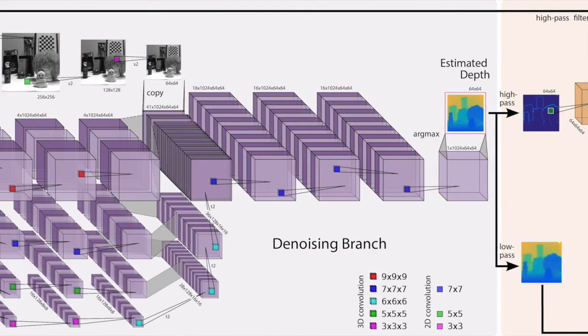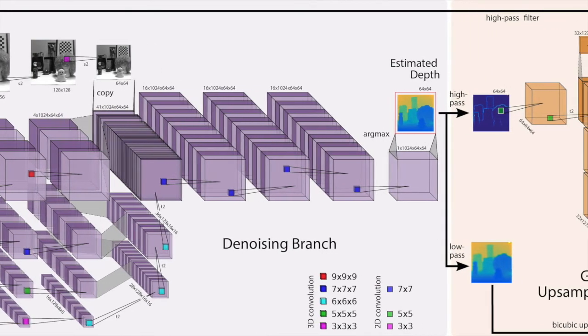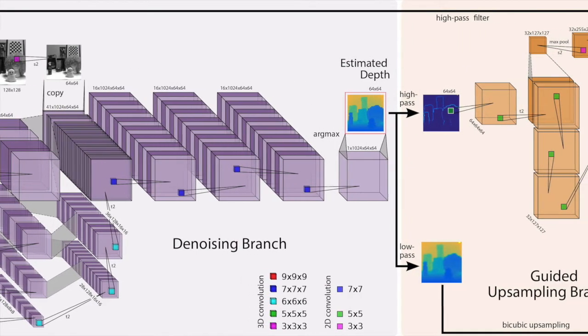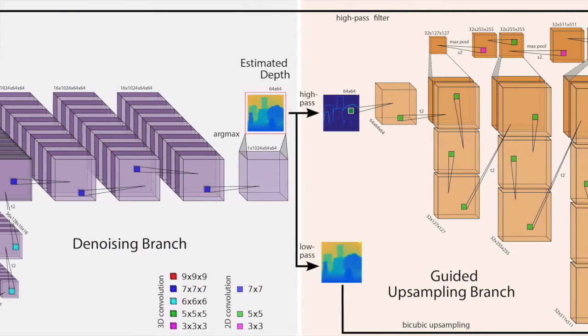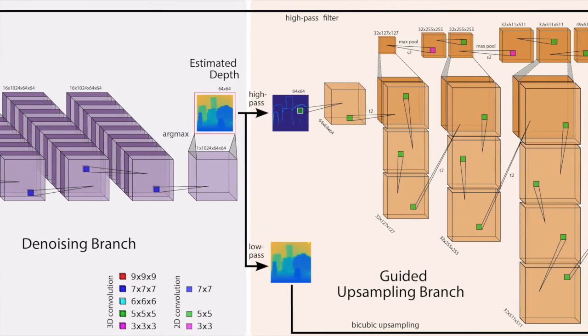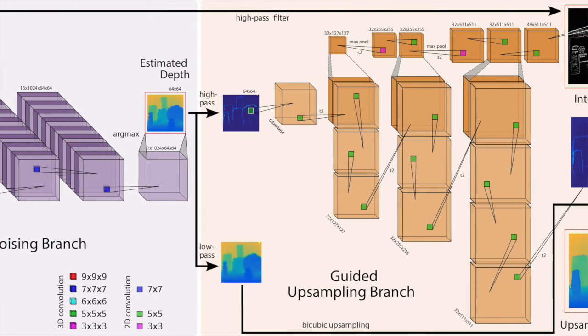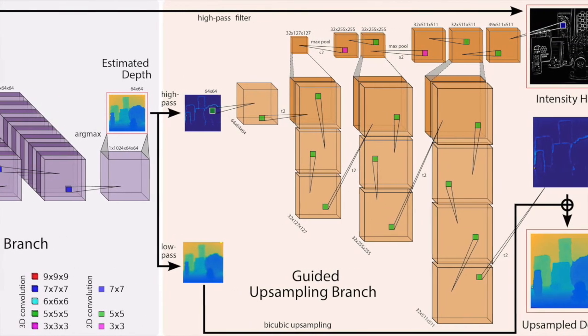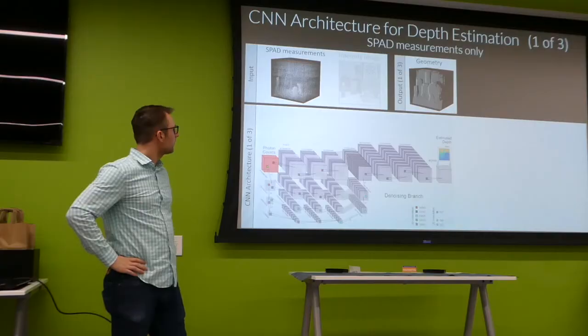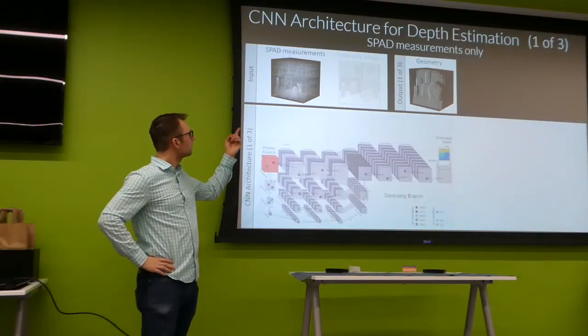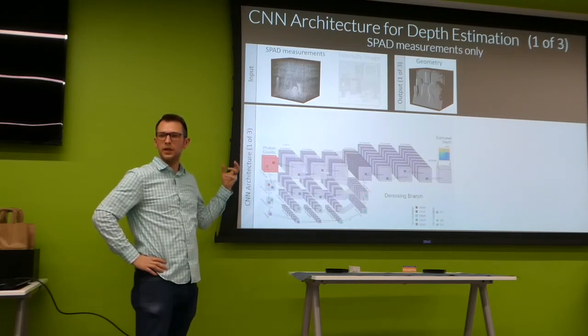I didn't spend too much time on this because I wanted to get to non-line-of-sight imaging. But let me talk a bit about it. The network takes as input the SPAD measurements, and this is a 3D volume.